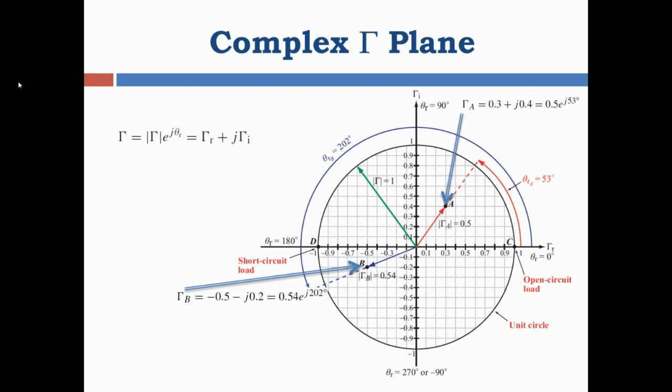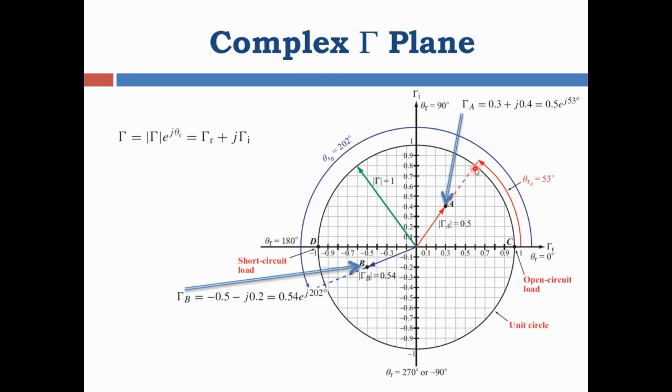Because gamma cannot be bigger than 1, your gamma plane is a circle with a radius of 1. So everywhere you go, the magnitude, or the radius, is going to be 1. It cannot exceed 1, which is expected.